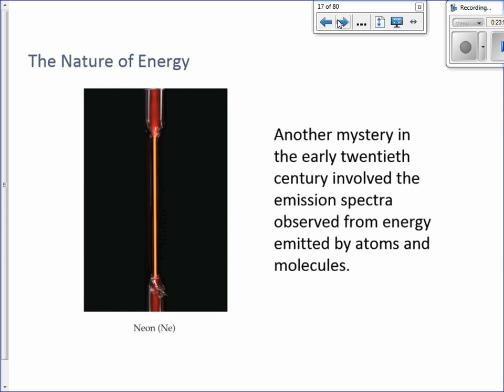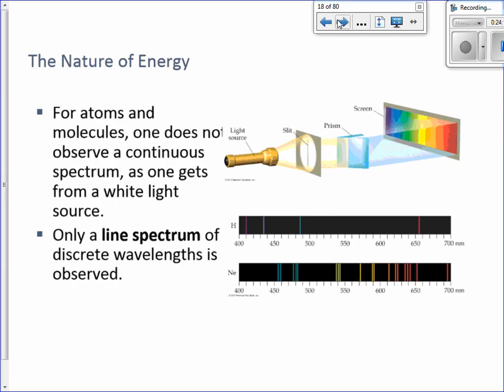Now, some development of our current model came from Bohr, so we're going to talk a little bit about Bohr for a moment. Another mystery in early 20th century involved the emission spectra observed from energy emitted from atoms and molecules. Okay, so the line emission spectrum versus the continuous spectrum here. The continuous spectrum, when you refract it through a prism, you get the beautiful rainbow, as you see over here.